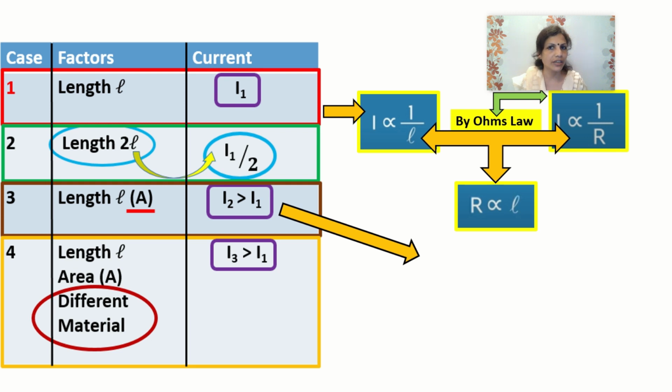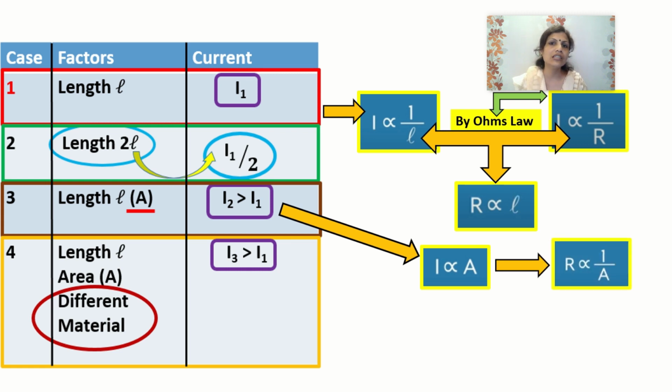So from that we can say that current is directly proportional to the area of cross section of the wire, and hence the resistance of the conductor is inversely proportional to the area of cross section. As you increase the area of cross section, current increases, and current increases means there is less resistance.